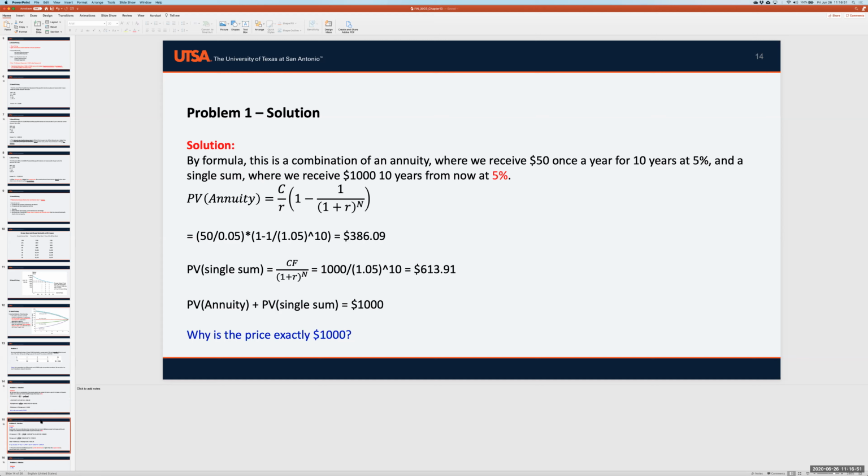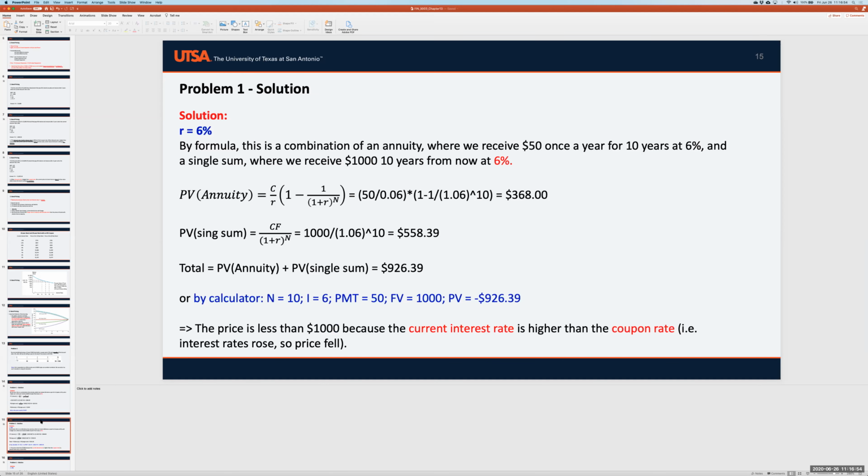Okay. So same calculation, but you can use a calculator. I strongly recommend you use your calculator and find the value, which is very simple. You just go to your financial calculator and find the n variable, enter n as 10, put I, which is the interest rate, as 6, payments 50, just payments, enter 50, future value is 1,000, and compute the present value, which is 926.